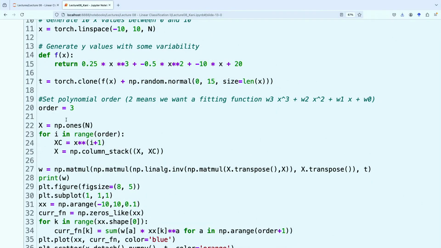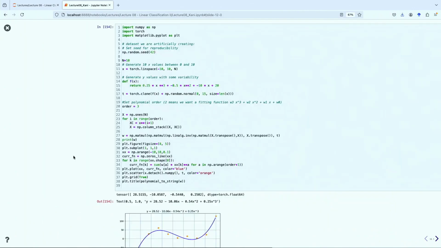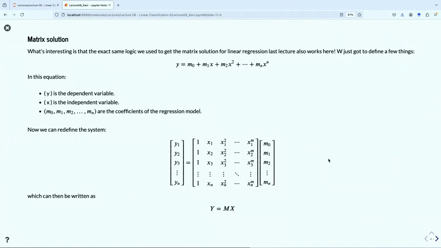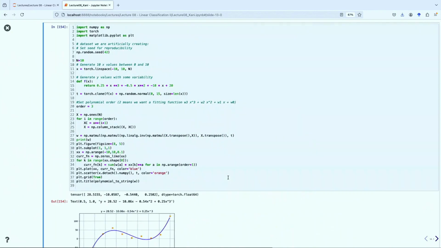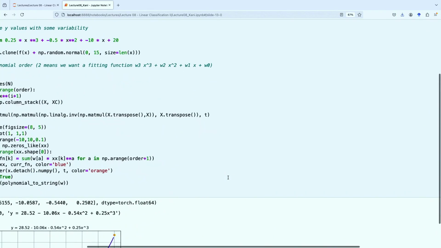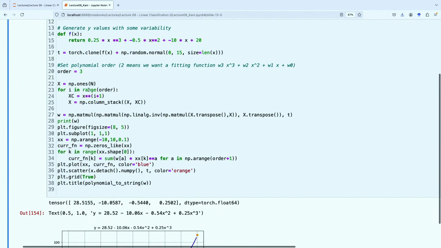All we're doing here is basically starting out with a column of ones, then adding a column of x's, then a column of x squareds, then a column of x cubes to keep our formulation in line with how we formulated the problem here. So we have that little bit of code to properly formulate the x matrix. We don't really need to do anything to t. And we have everything we need to calculate the optimal w, namely the inverse of x transpose x times x transpose times t.